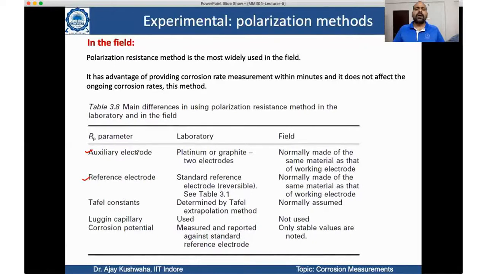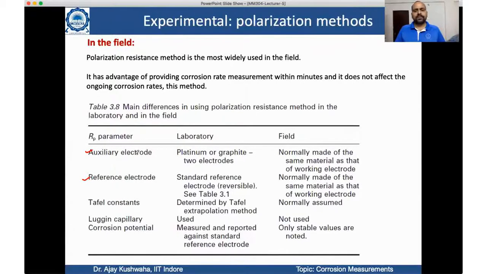But in field testing, the reference electrode is also made of the same material as the working electrode. So the counter, working and reference, all three electrodes are made using the same material in case of field testing.